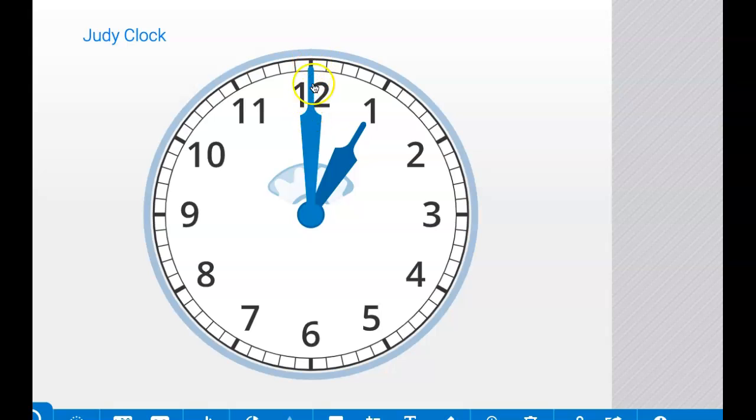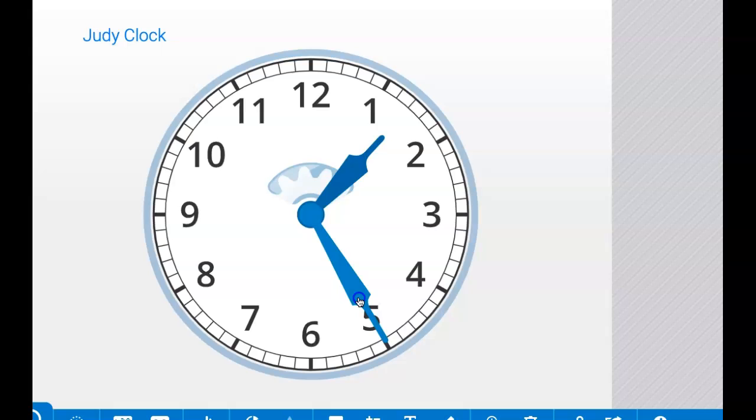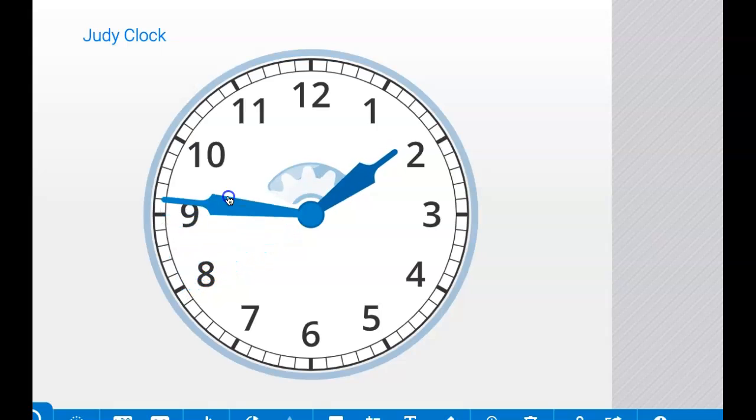Count by fives with me, starting at 0. 0, 5, 10, 15, 20, 25, 30, 35, 40, 45, 50, 55. What time does our clock now read? Our clock reads 1:55, or 5 minutes to 2.